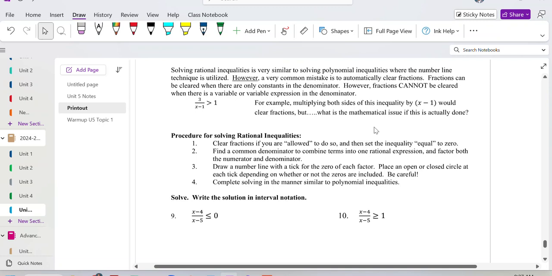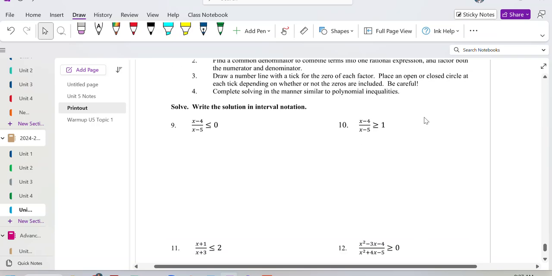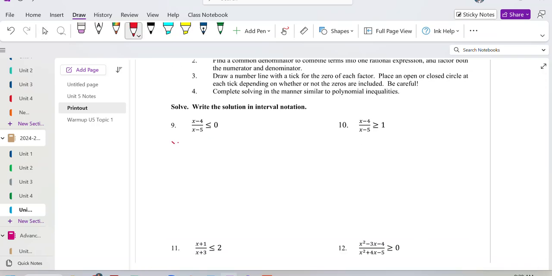All right, the process is as follows. First, let's set this equal to 0 and figure out what numbers make the denominator and the numerator equal to 0.